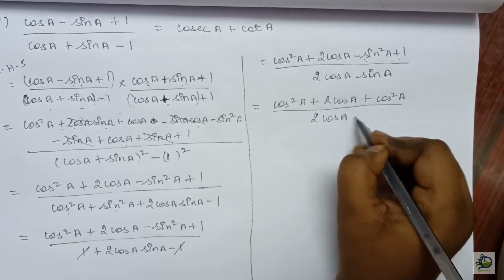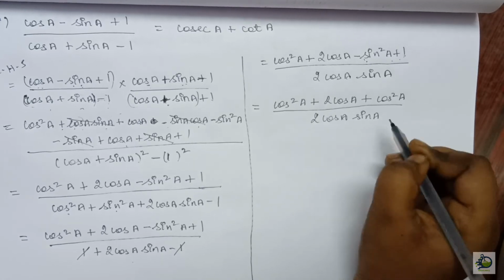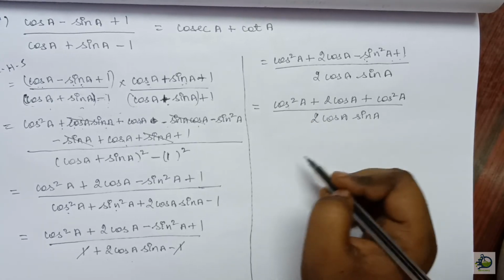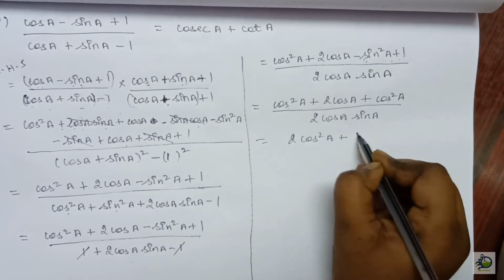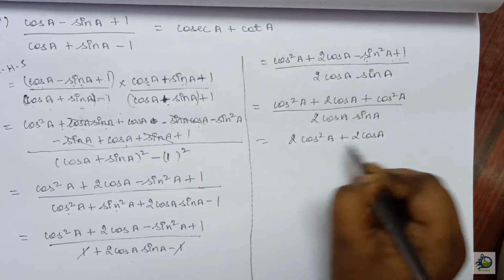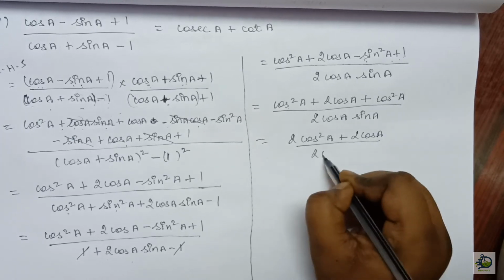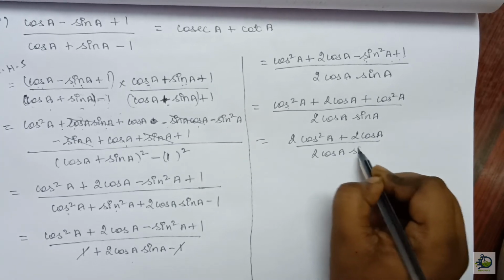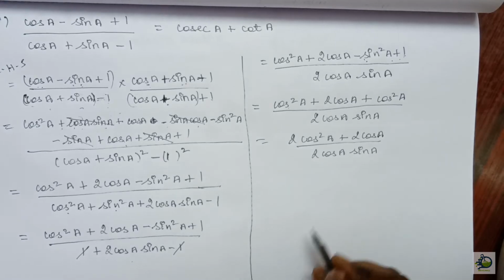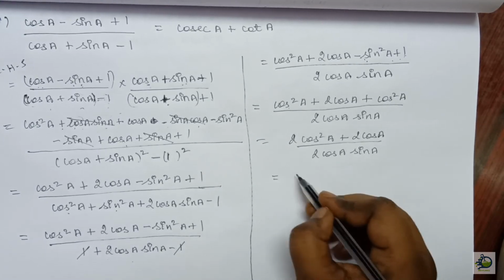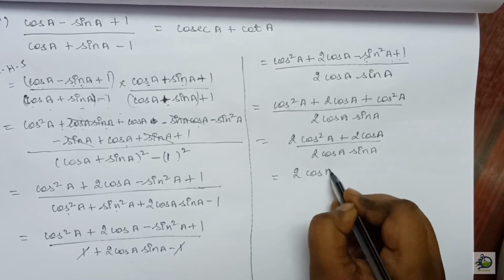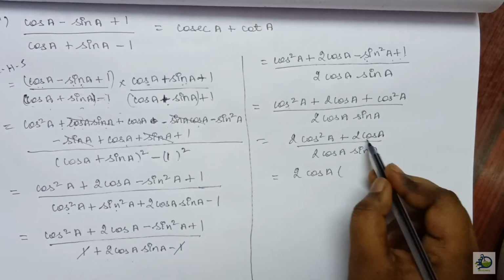cos A sin A. And now I know that cos square A plus cos square A is 2 cos squared A plus 2 cos A divided by 2 cos A sin A. Now we can take the 2 cos A common from these both terms.